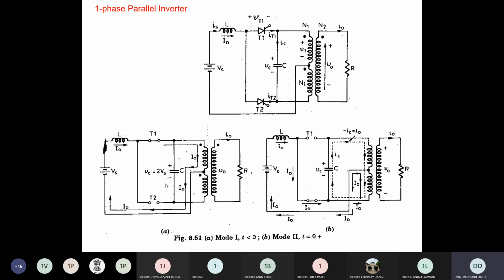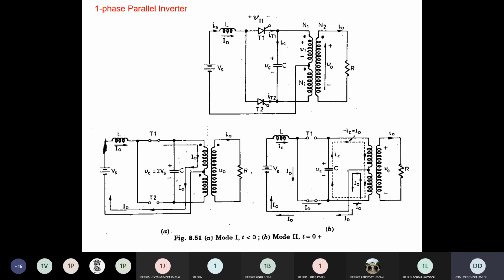Now you can see that at this time T1 is on, and current is flowing from the supply to the transformer primary upper half and then to the negative terminal. Clear? At this time your capacitor is already charged with this polarity, plus and minus.